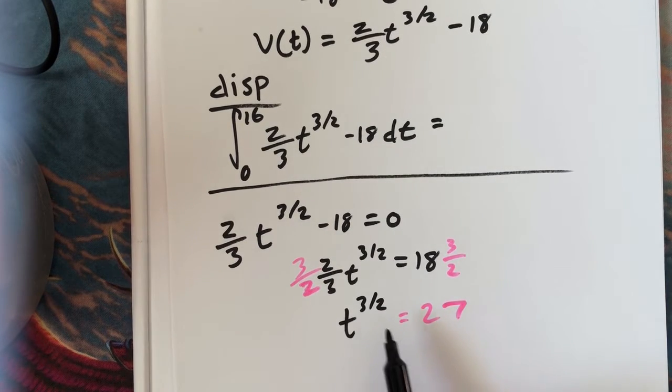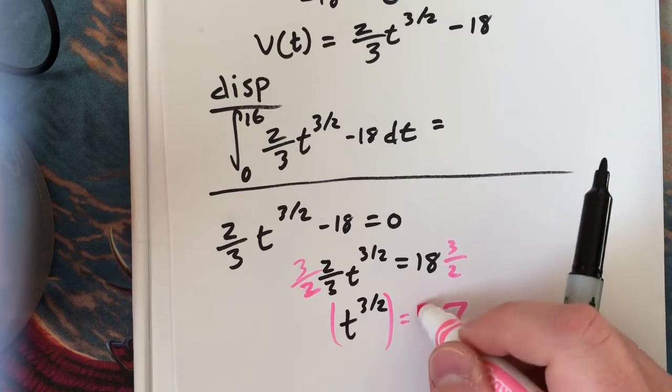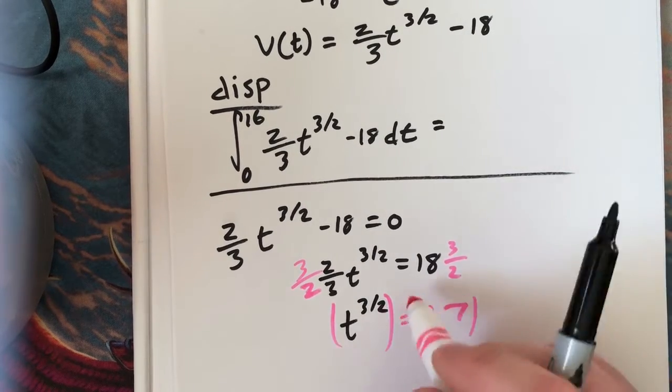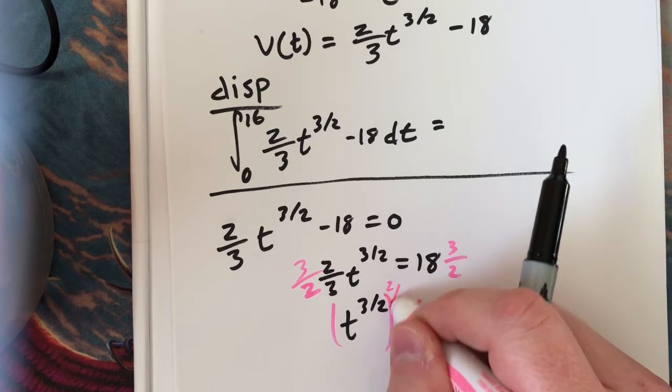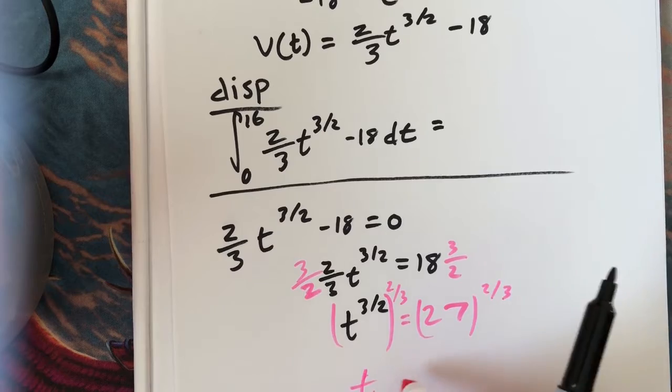And remember that to get rid of an exponent that is a fraction, you can exponentiate. No, that's the wrong word. We can take both sides to the reciprocal power. So to the 2/3, to the 2/3. So on the left-hand side, we have t.